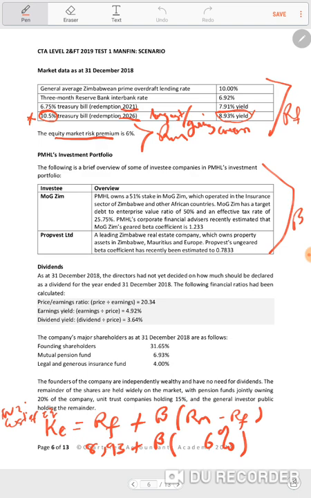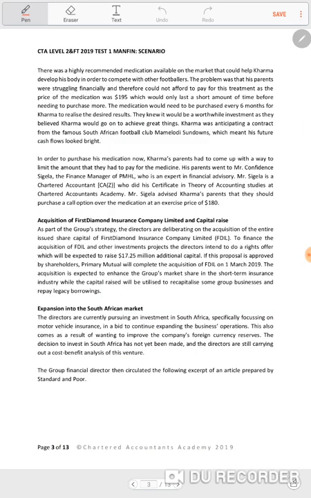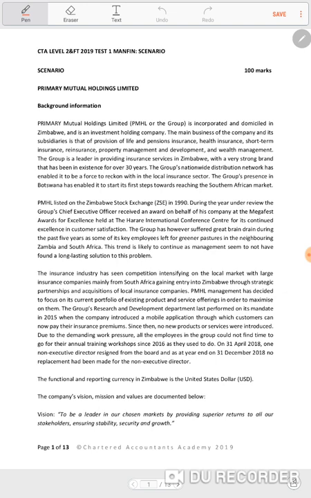We are given a geared beta for Moxim, and we are also given an ungeared beta for PropFest. But which company best suits us as a proxy? If we go back to our scenario, what does PMHL do?